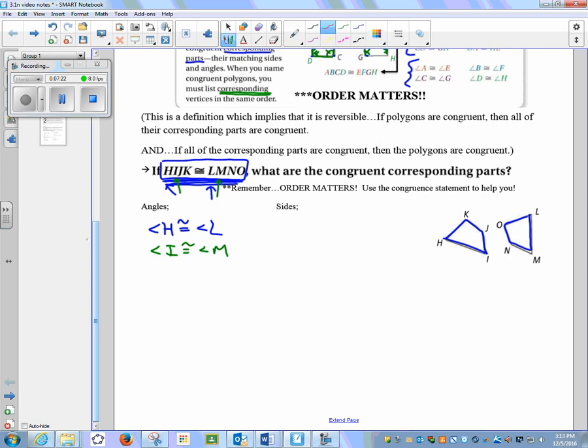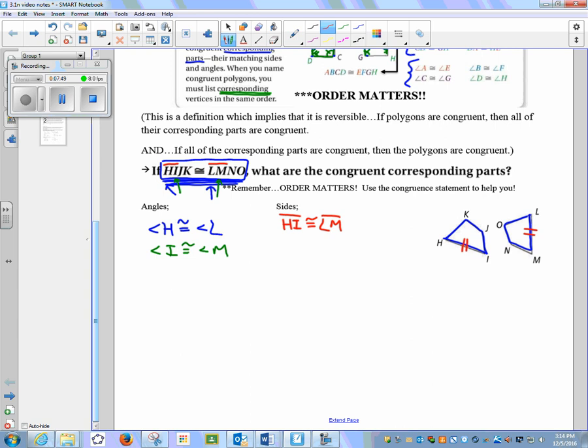When you're talking about sides, HI are the first two letters, congruent to LM, because those are the first two letters. If we look at our diagram, HI congruent to LM, that makes sense. That's like the longest side in both of those diagrams. So you actually can use the diagram.